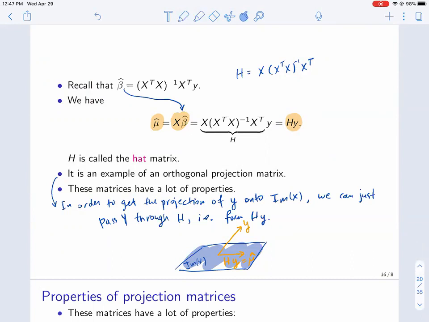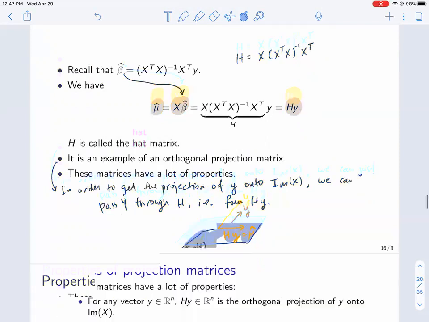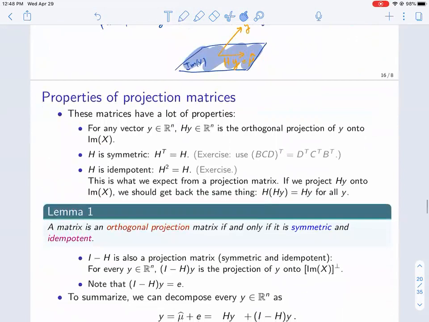Sounds good? Questions? So you have seen this in your homework problems. Anyone remember properties of this matrix H? I think it was H squared equals H and H transpose equals H. Yes, so these are the two properties.